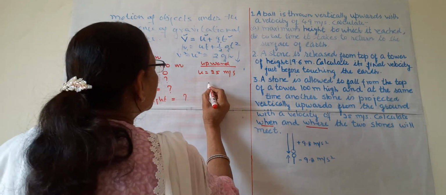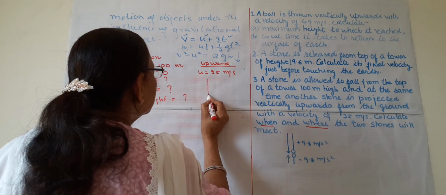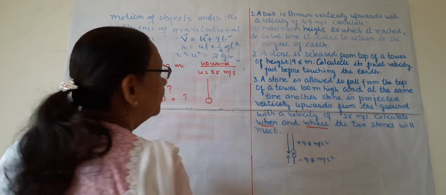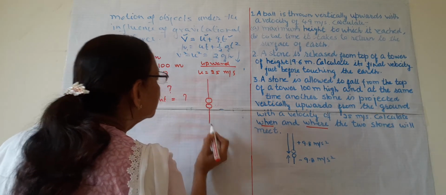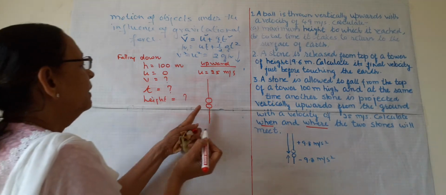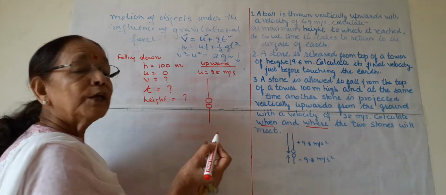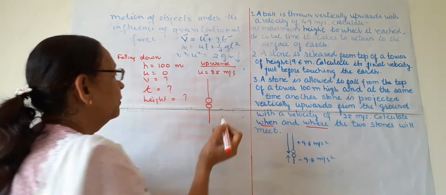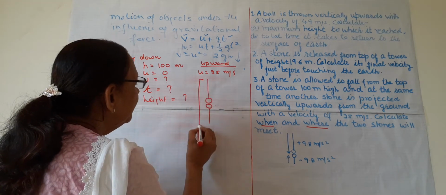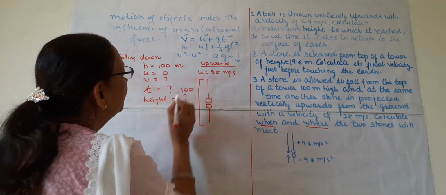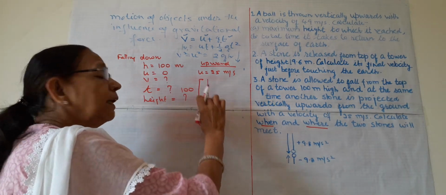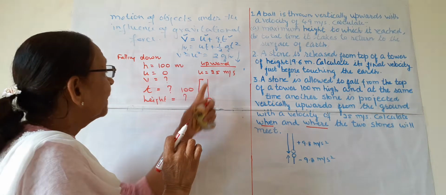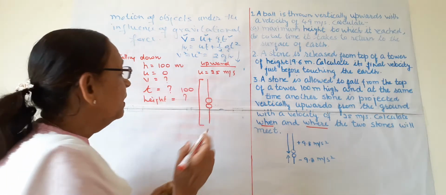So first we can draw a diagram. Suppose this is the falling stone and the other stone, which is thrown upwards, meets it at this place. So this total height is 100 meter. It is given. They meet somewhere in between this total height.